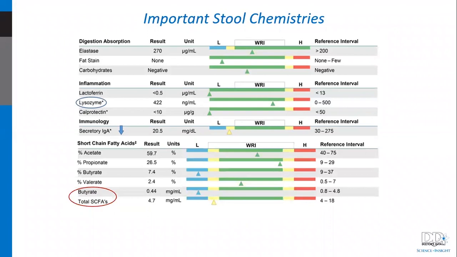And then the short-chain fatty acids, the relative distribution that's really showing the overall balance of the microbiome with respect to the metabolites, the key metabolites, the short-chain fatty acids, but most importantly to clinicians, the absolute and total concentrations of butyrate and short-chain fatty acids, which here are quite low, dismal, and too commonly seen with a SAD diet, and most often associated with terribly insufficient consumption of soluble fiber.